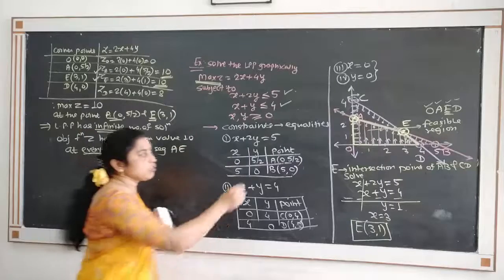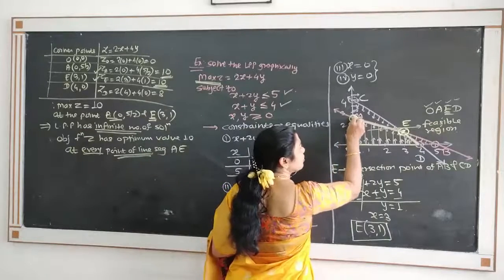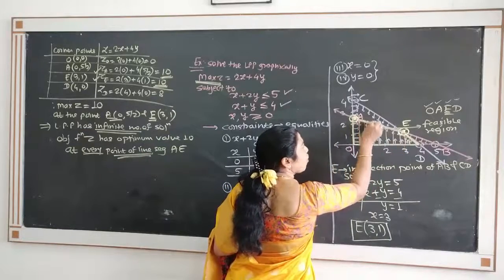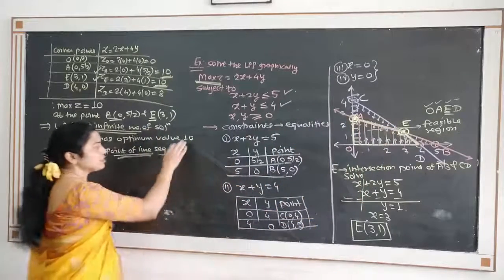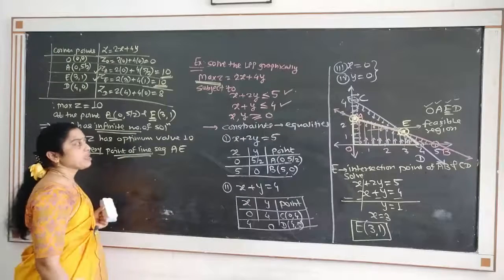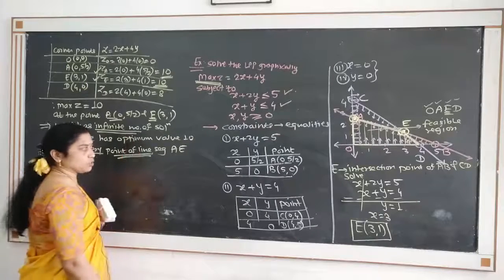If you take any point on this line segment AE, all these points have the same optimal value, that is Z, and therefore LPP has infinite number of solutions.